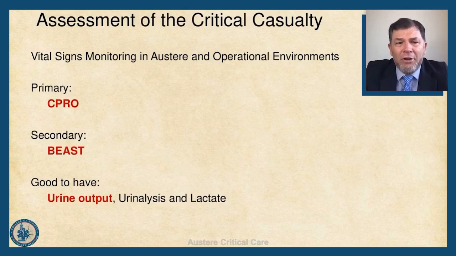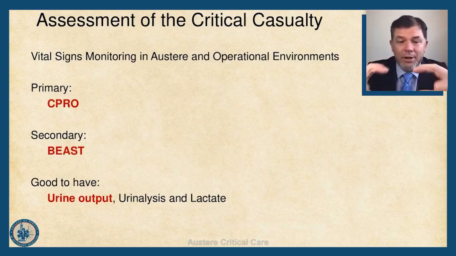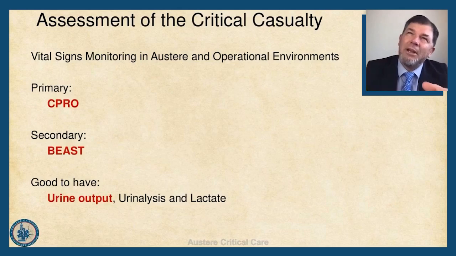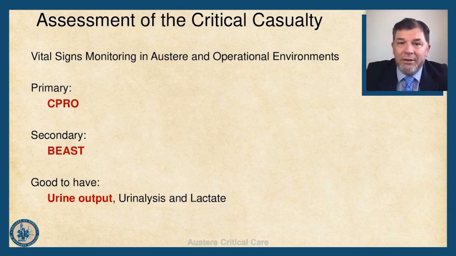So assessment of the critical casualty, we're going to use our 2 vital signs, and we're going to use urine output. We want to do urinalysis. There's absolutely no reason that you as a medic don't have urinalysis. I have it in 2 different parts of my kit. I have a laboratory box. It's an OtterBox, it's like that big, and it has a whole bunch of laboratory diagnosis stuff in it.